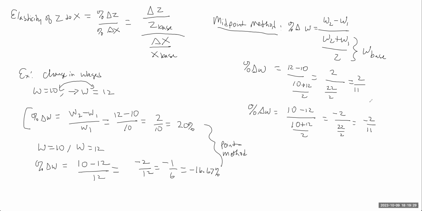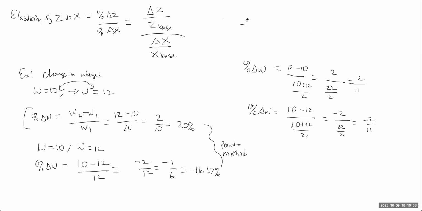So in this chapter, when we do elasticities, you're always going to use the midpoint method, where the base is the average of the two numbers. You will not use the point method unless the question specifies to do so. All right, so let me erase some of this.